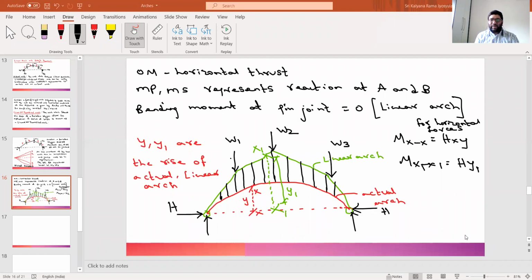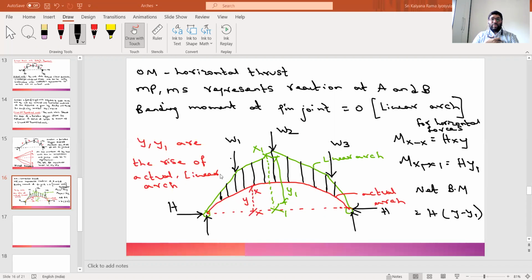Now, what is the net bending moment? Net bending moment is equal to H into (y minus y1). Correct? So see, till this point it is Hy. This is Hy1, and this bending moment in the black vertical line zone is H into (y minus y1), only for horizontal forces.